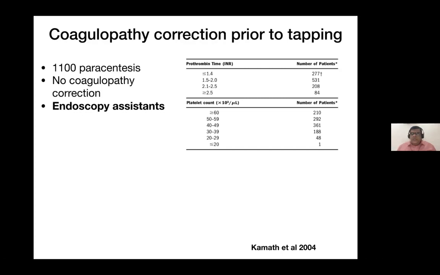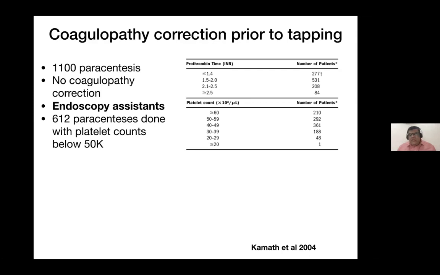There was transient postural hypotension in 3 patients, leak which was self-limiting in 1 patient, and a traumatic tap which cleared spontaneously towards the end of the tapping in 1 patient. So total of 5 patients had just transient complications out of 1100, none of them having major bleeds, and our experience is also the same.